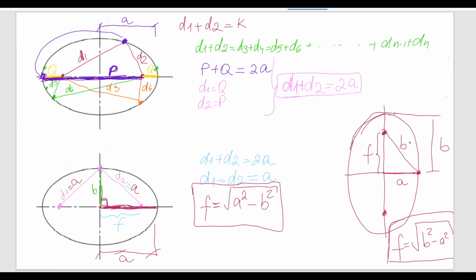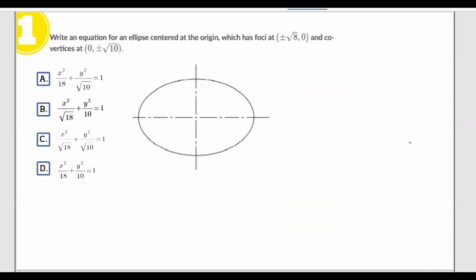Now let's solve a few examples. Write an equation for an ellipse centered at the origin, which has foci at plus minus square root of 8, 0, and co-vertices at 0, plus minus square root of 10. So based on what we're given in the problem, we know that the focal distance is square root of 8, because we're given the coordinates.